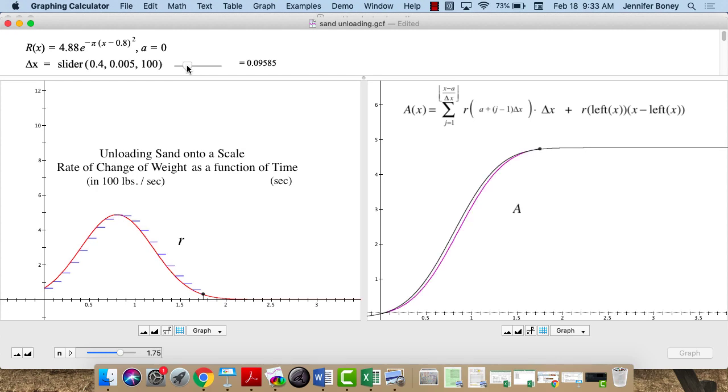I mean, in a sense it is, but what I did to get that black curve is using the notation that means don't do this just for delta x equals 0.09 or 0.009 or 0.00009. Like, imagine delta x becoming infinitesimally small.